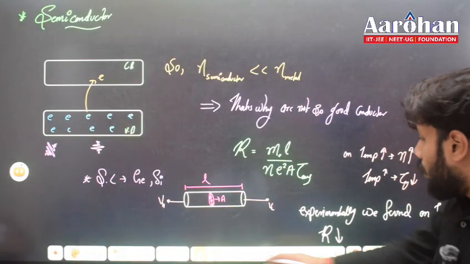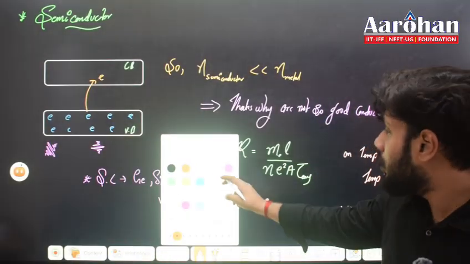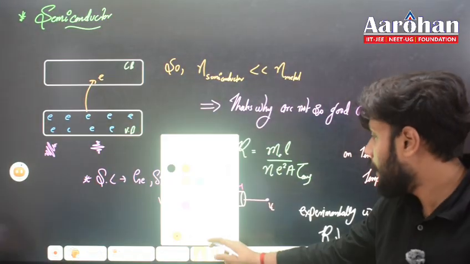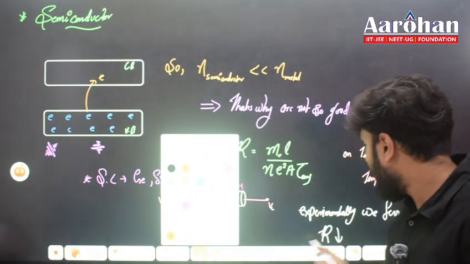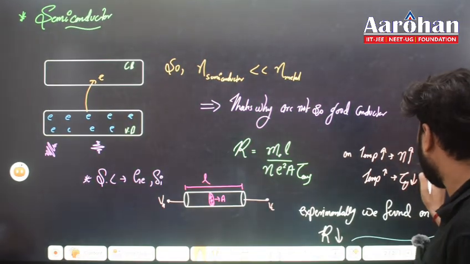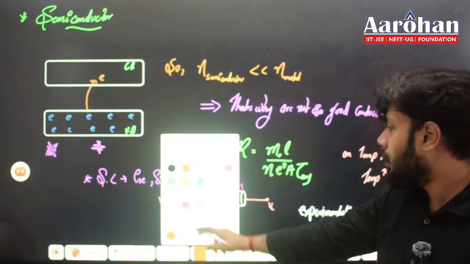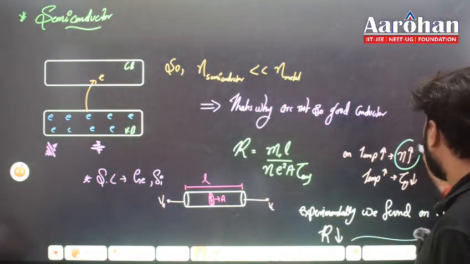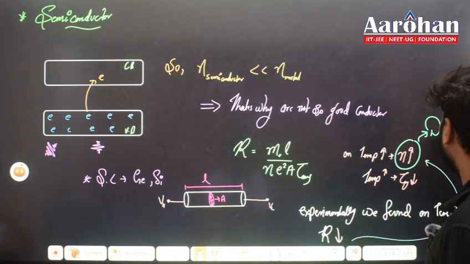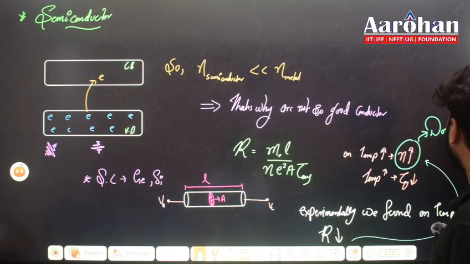That means your N becomes the dominating factor.